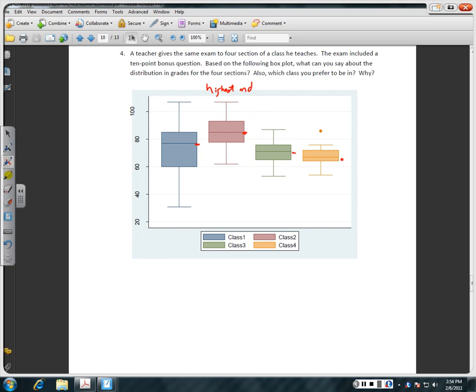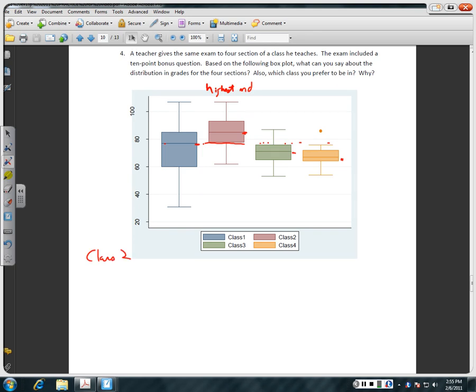And in fact, not only is it high, the other thing you can do is look at how high this is. I'm going to look at the first quartile here, and I noticed that the first quartile for this one is for class 2.